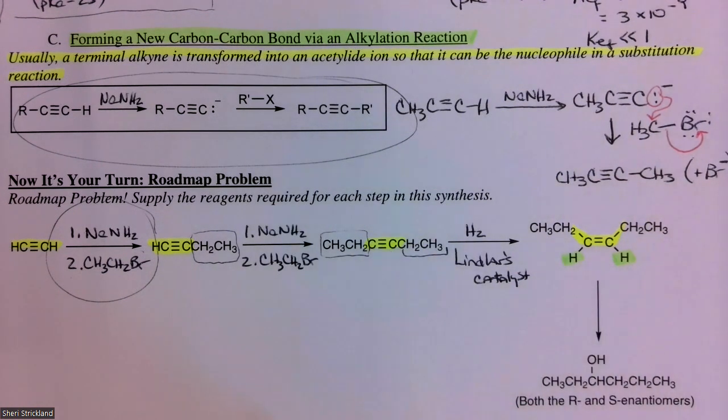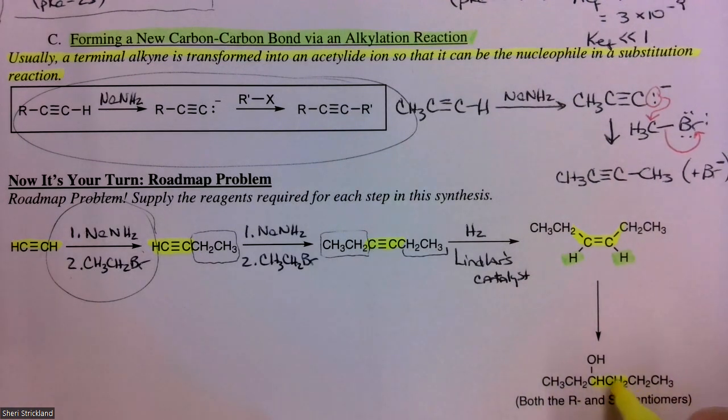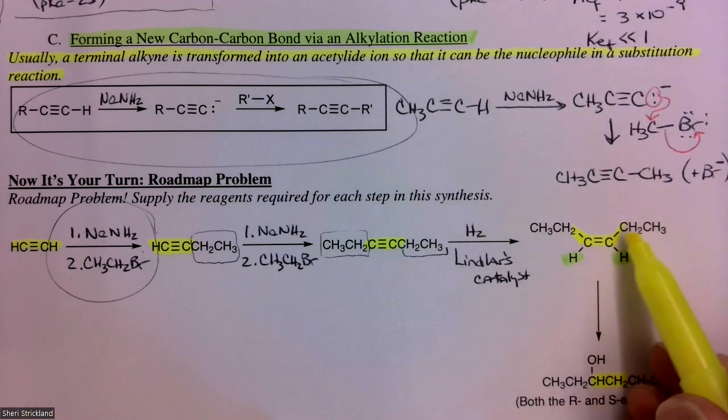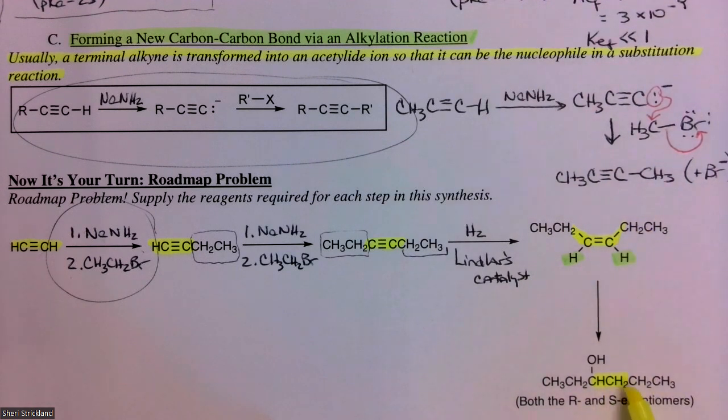And then finally, if I wanted to take this guy and turn it into this alcohol, I'm still tracking these 2 carbons. I'm adding water across those 2 carbons, because you can see this carbon has 1 hydrogen in that ethyl piece, and now it has 2 hydrogens in the ethyl piece.